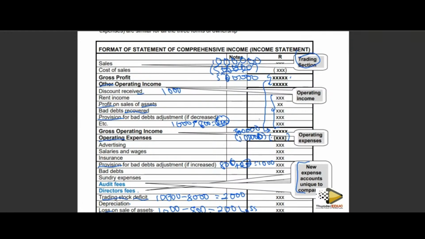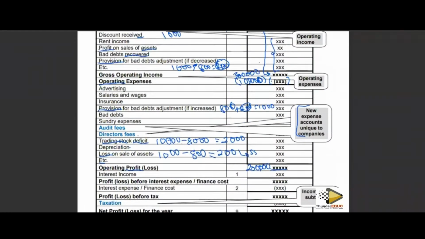Then, after determining your operating profit, we go down to the next part. Okay? We have interest income. When do we receive interest? For example, we have an investment in the bank, okay? If we have an investment in the bank, this bank will always give us what? Interest. Let's say we have a fixed deposit.